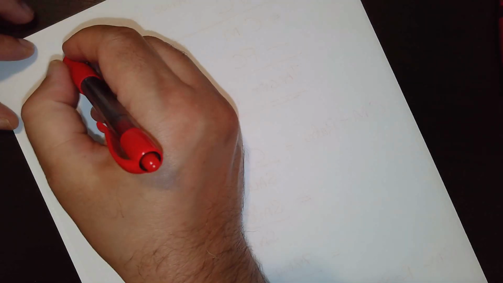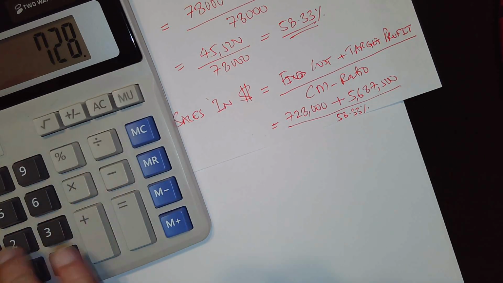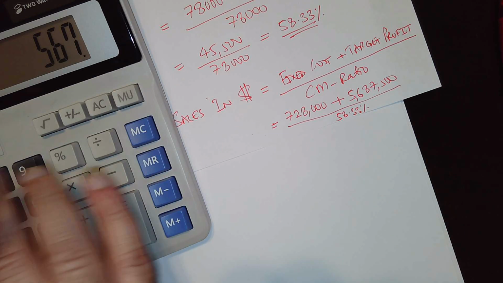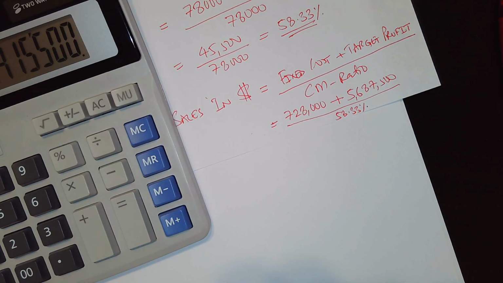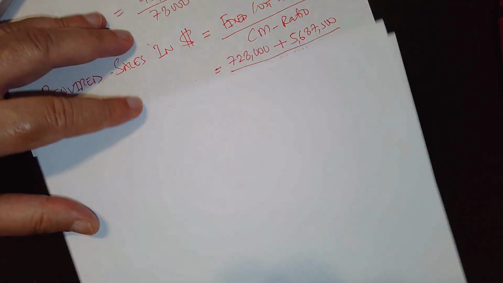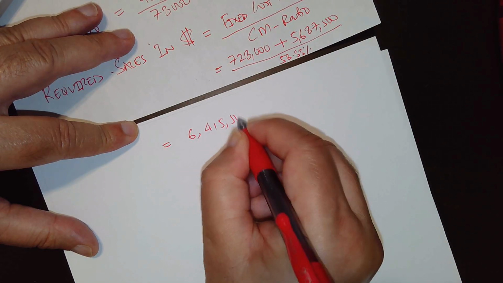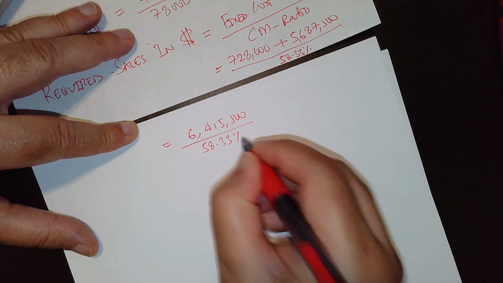So that gives us a total of 728,000 plus 5,687,500, which is 6,415,500, divided by 58.33%.